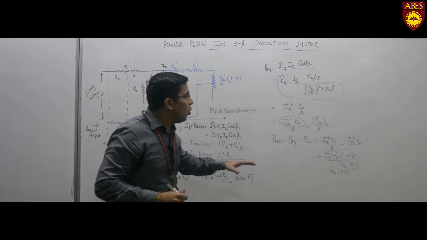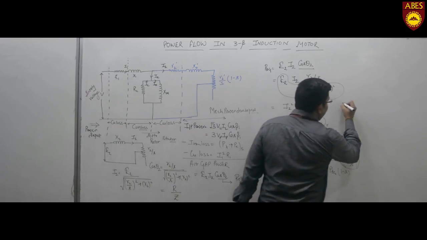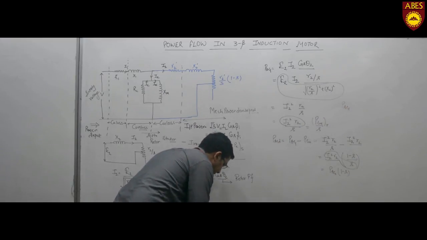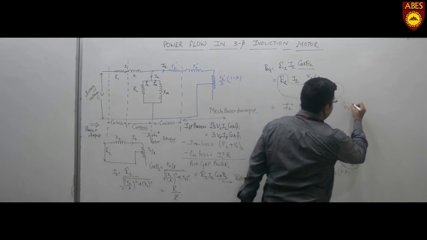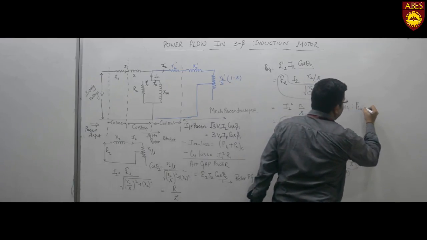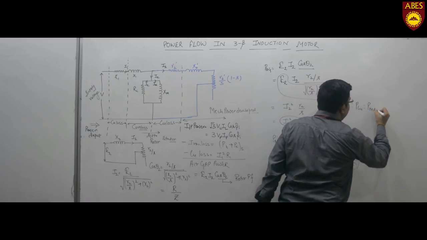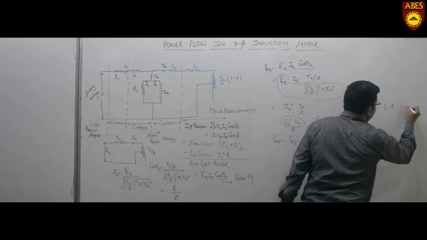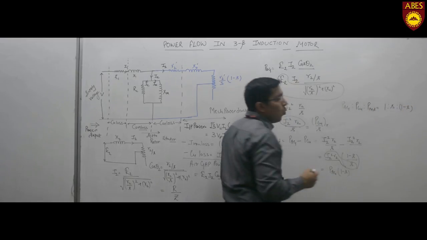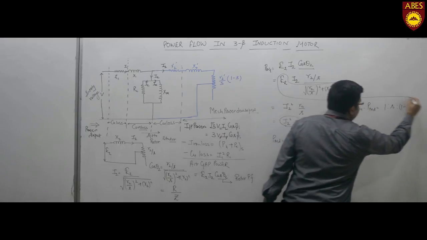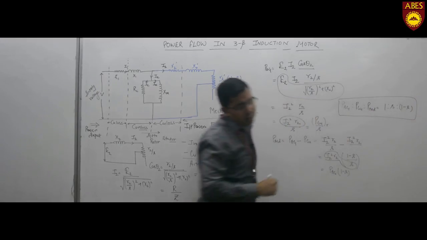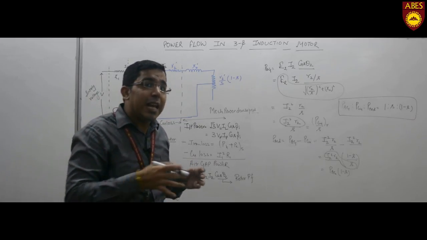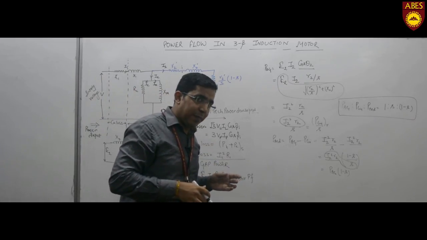So we can come to a relation that the ratio of PAG to PCU to mechanical power developed comes out to be 1 is to S is to 1 minus S. Now this is a very important equation because numericals based upon this come frequently in the AKTU examination as well as in the GATE examination or other competitive examinations.